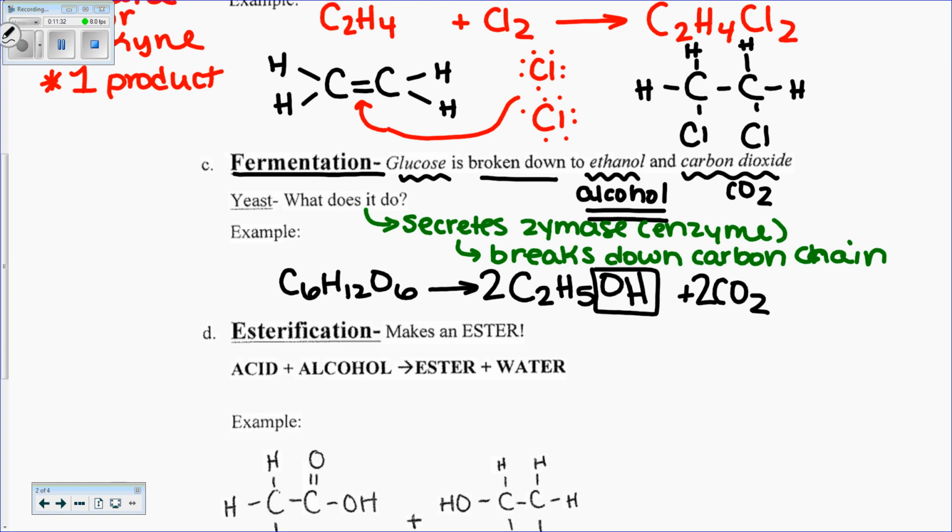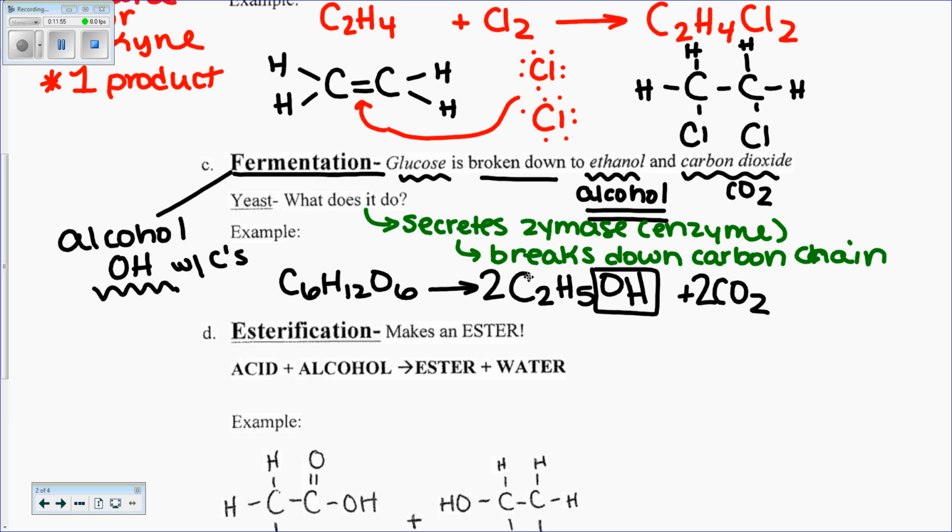Think this is how you make moonshine. Don't go making moonshine, but this is how you would do it. You're always going to look for an OH. Alcohols are going to have OH, but remember it's going to be with carbons, because if I just have an OH, it's a base. So fermentation makes alcohol.